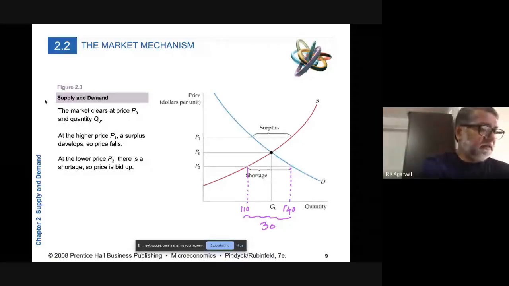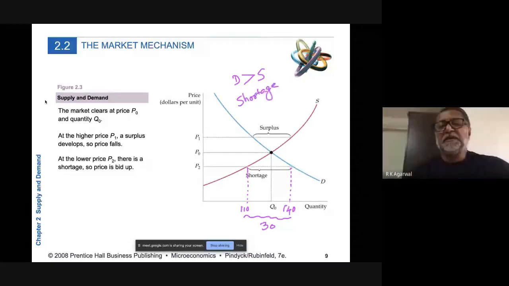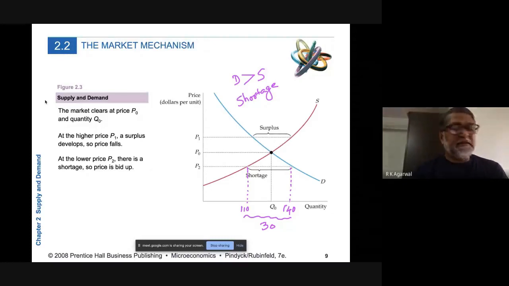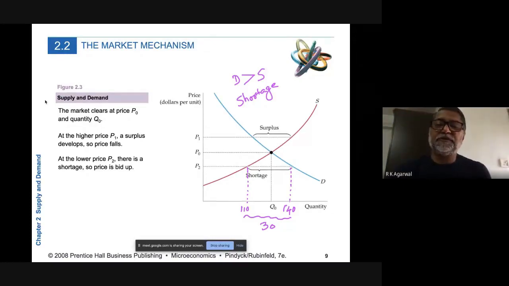And when demand is greater than supply, then what do we call this situation? We call it shortage. That is supply shortage. So basically the terms shortage and surplus refer to the situation relating to supply.